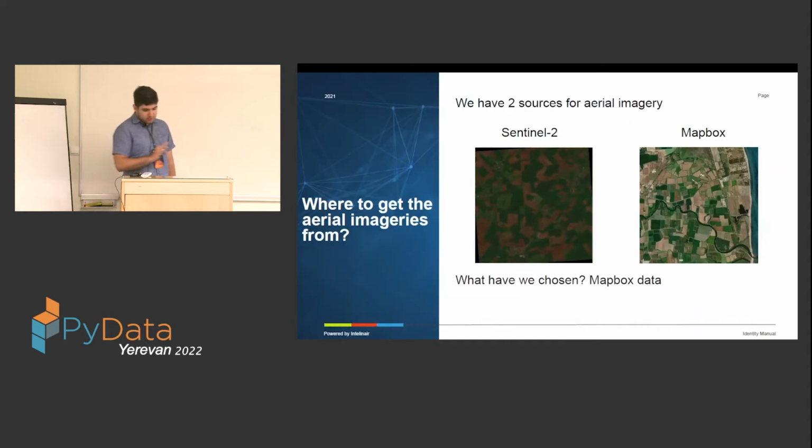So now that we got the data sources checked out, let's talk about the aerial imageries. We mentioned that we want to train on aerial imageries, and given what data sources we chose for the masks, we have to choose some aerial imagery source that covers the entirety of the United States and the entirety of the French Republic.